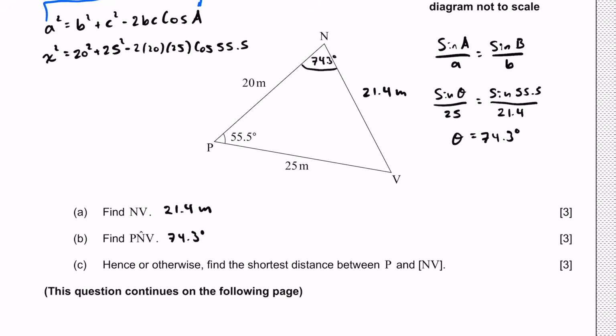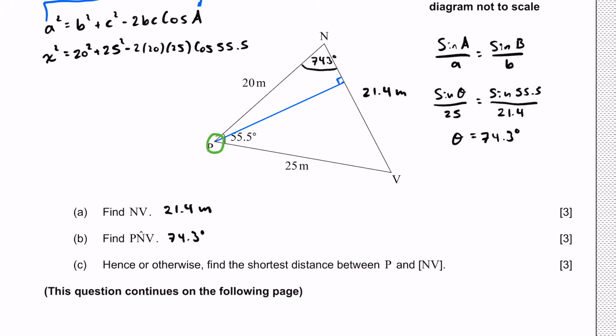But why? We know the shortest distance, or the shortest path to some point, is always going to be the straight line, or the perpendicular to the base. So something like this, if we can draw an altitude in some sense from the highest point down to the base. So perpendicular to the base would be the shortest point. Another way to conceptualize this is, again, actually with a circle.